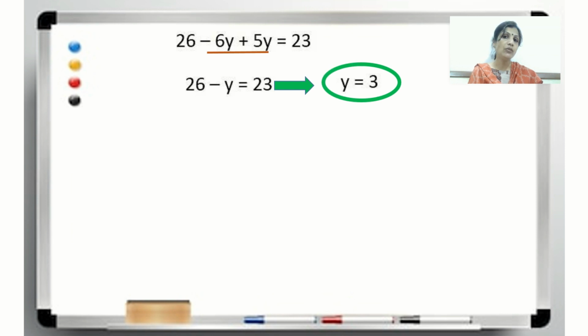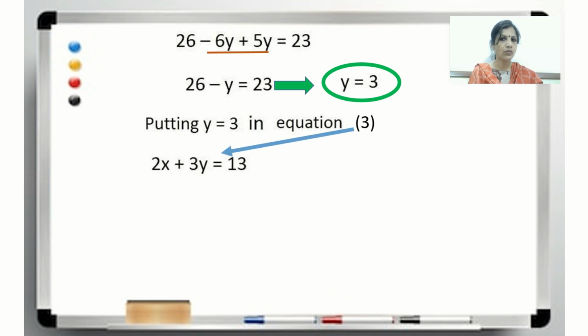Now what will be the value of x? This value of y we can substitute in any of the equations and we'll get the value of x. So we'll substitute y is equal to 3 in equation 3, and your equation 3 is 2x plus 3y is equal to 13. Let's substitute y is equal to 3 here. So 2x plus 3 into 3 is equal to 13.